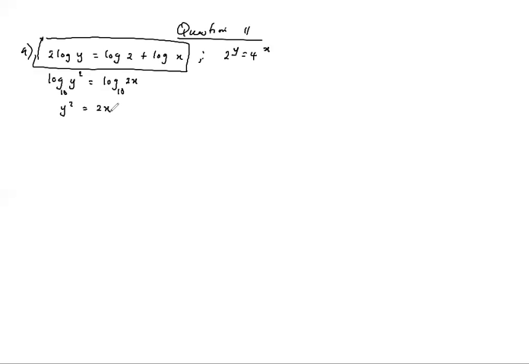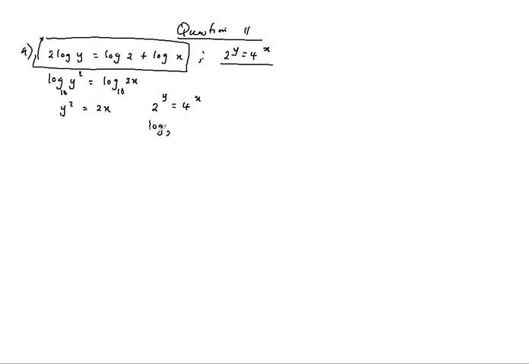So when we have that, we also have that from the other section here. We also have that 2 to the power y is equal to 4x. You're looking for y. So what do you do?